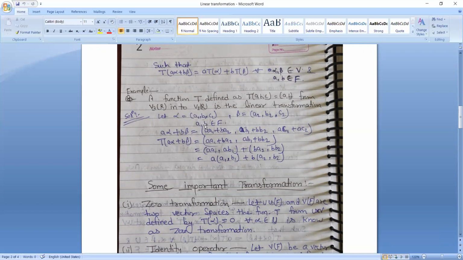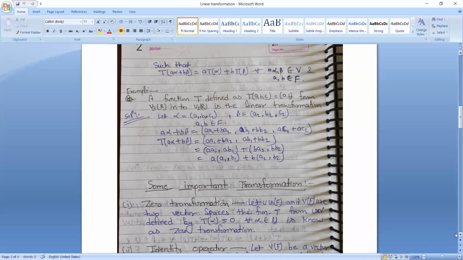Let α = (a1, b1, c1) and β = (a2, b2, c2), and a, b belong to F. Then aα + bβ = (a a1 + b a2, a b1 + b b2, a c1 + b c2). Then T(aα + bβ) = (a a1 + b a2, a b1 + b b2), since it is given T(a, b, c) = (a, b). This is a(a1, b1) + b(a2, b2).